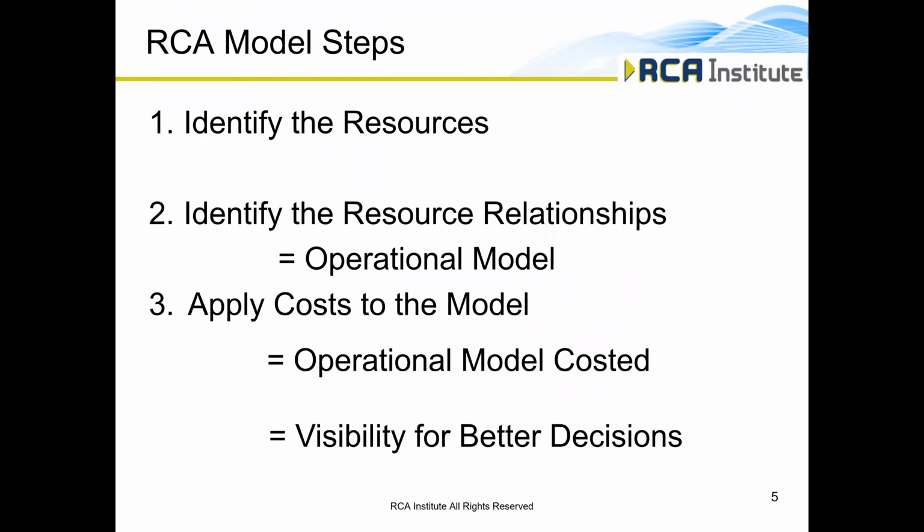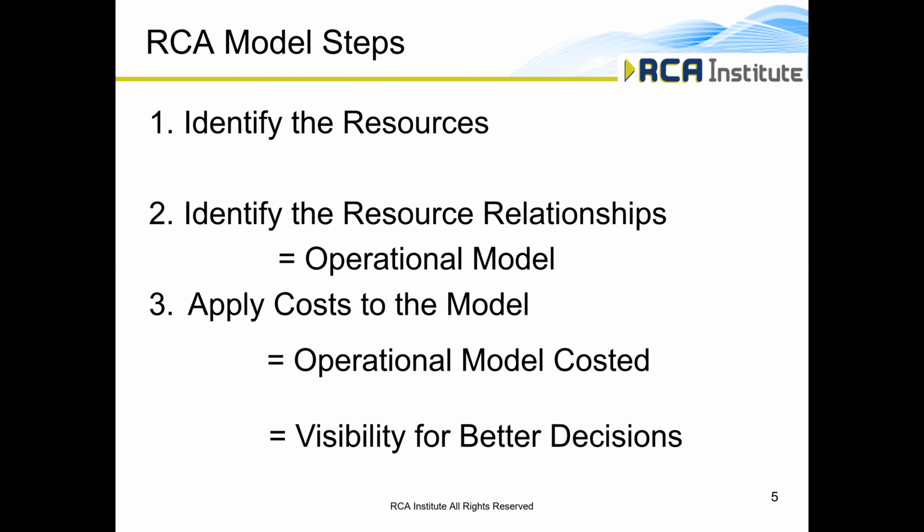So how does RCA modeling work? Well, first, the idea is to identify the resources, then identify the resource relationships. And then at that point, you have an operational model. Then you apply costs to the model.